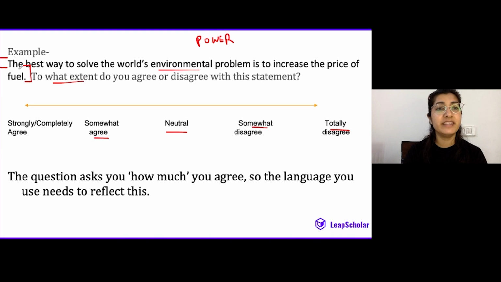For example, instead of the best way, I would say one of the best solutions for the environmental problem that the world is facing is to, let's say, hike or augment the cost of gasoline. Right? So I've just used synonyms to write the same question.